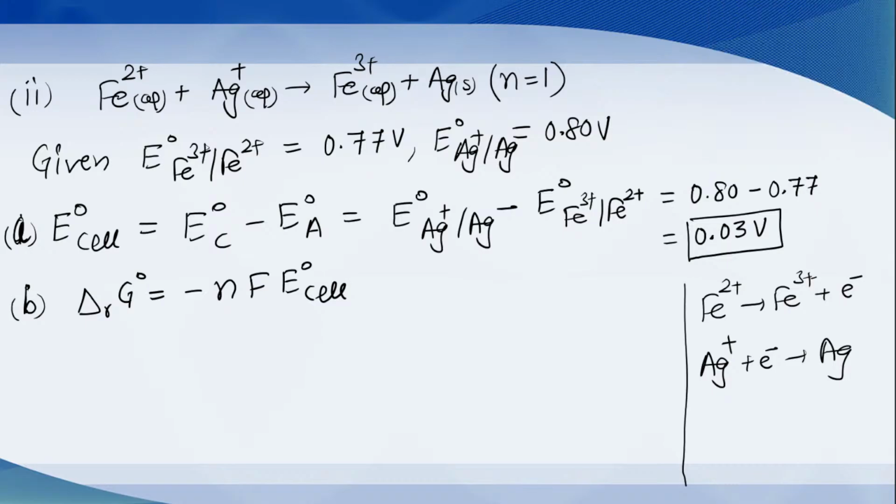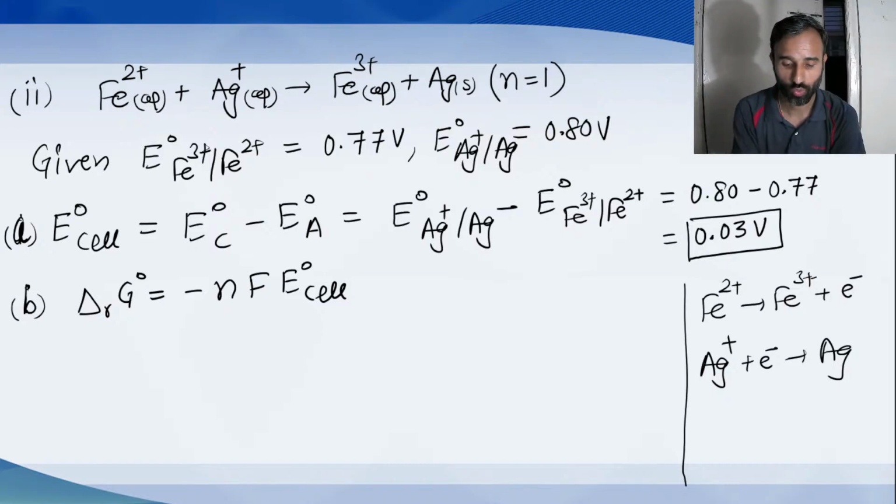So just put the value of n, n is 1. So minus 1 into 96500 into 0.03.